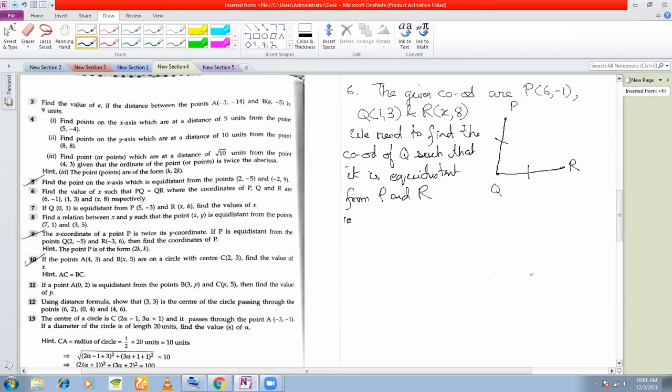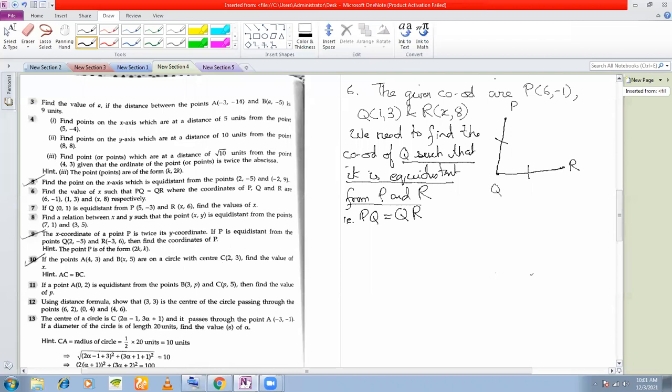That is, PQ is equal to QR. So whether I say PQ is equal to QR or that Q is equidistant from P and R is the same. So in this question, they have given you PQ is equal to QR.